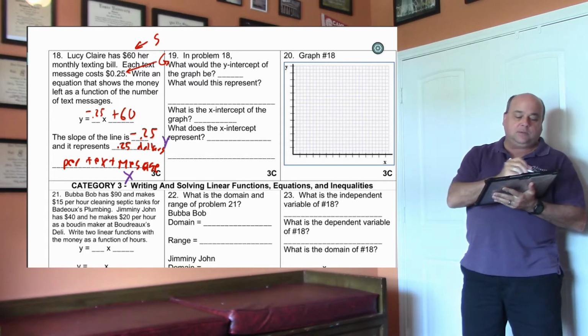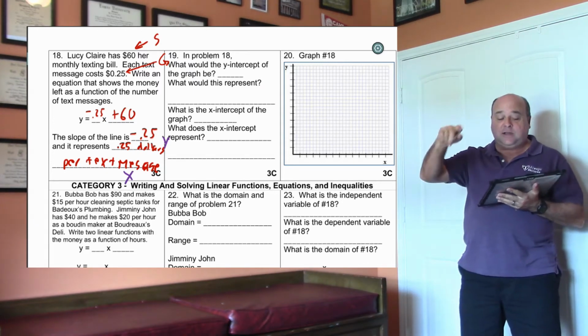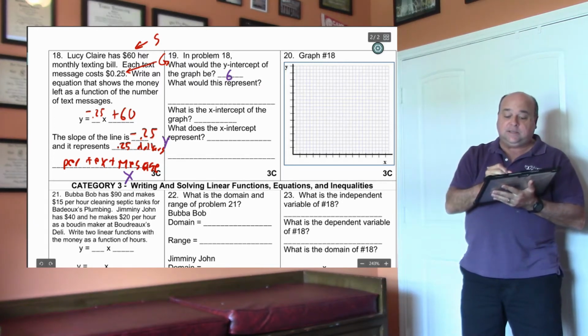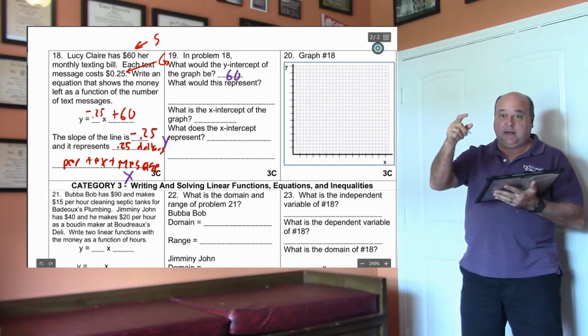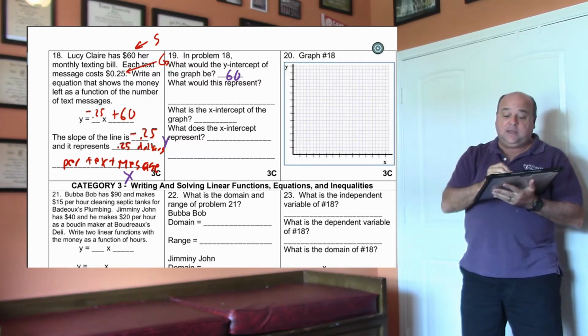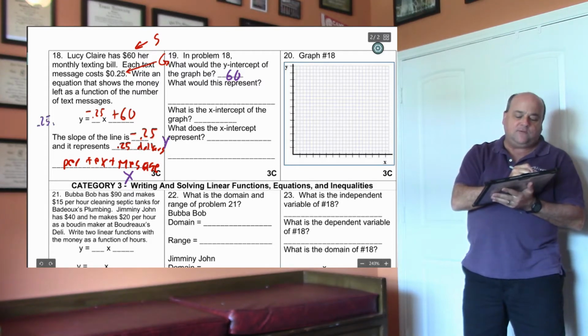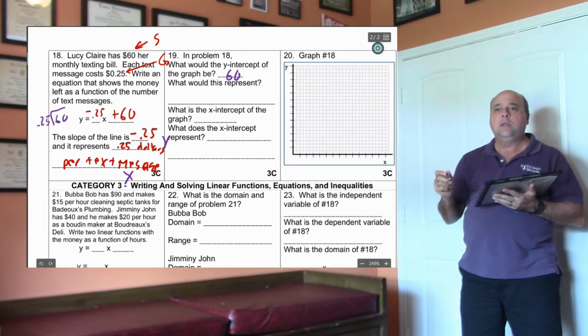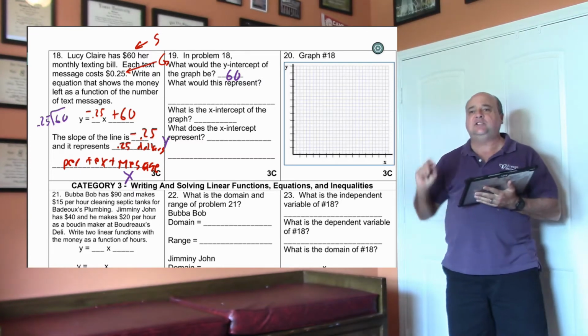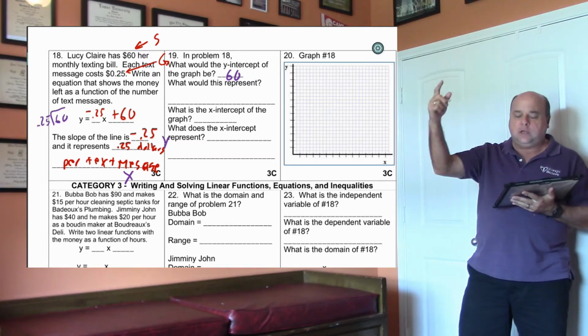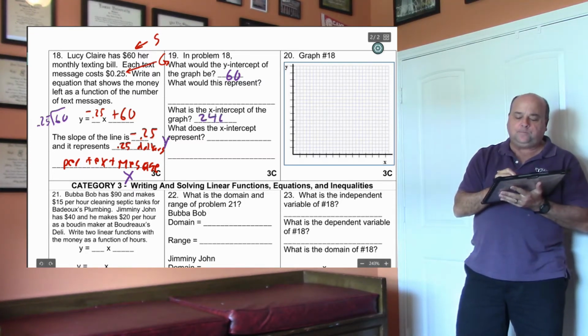What would the y-intercept of the graph be? I'm going to let y'all answer that. The y-intercept would be 60, and I'm going to let you figure out what that is. It's the starting amount. The x-intercept is going to be how many times 0.25 goes into 60, right? How many 25-cent text messages could you get? You could get 240, right?